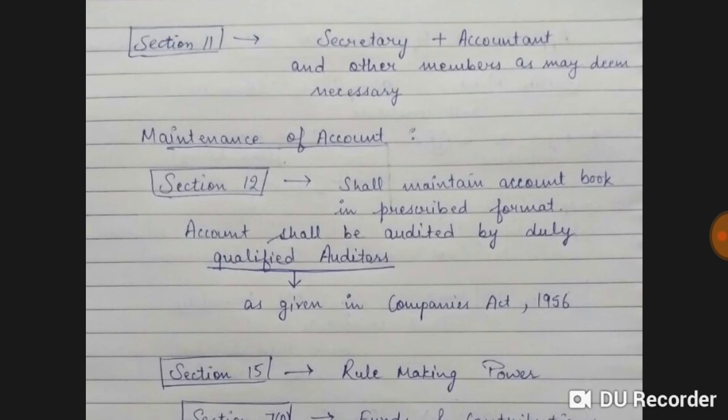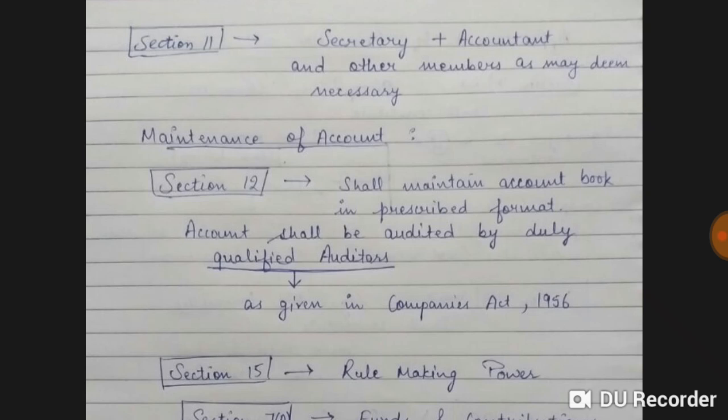Now is section 11. Section 11 tells about the appointment of a secretary and appointment of an accountant or any other member as may be deemed necessary by the Bar Council of India.